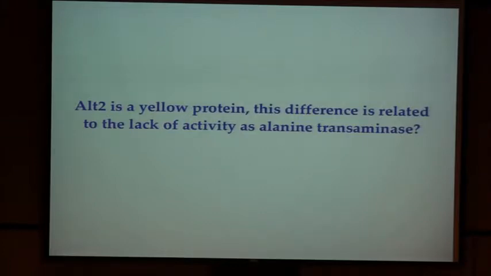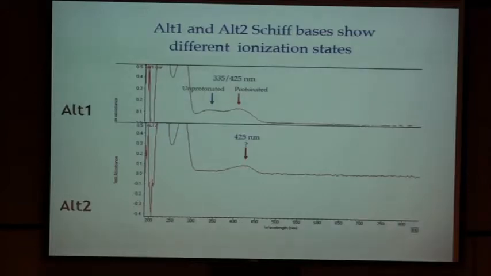But these proteins have one characteristic: one is yellow and the other is transparent. What is the relationship between the color of the protein and the activity? Well, these proteins are PLP dependent, and they use a cofactor.